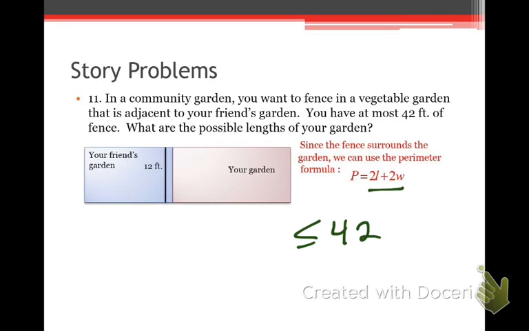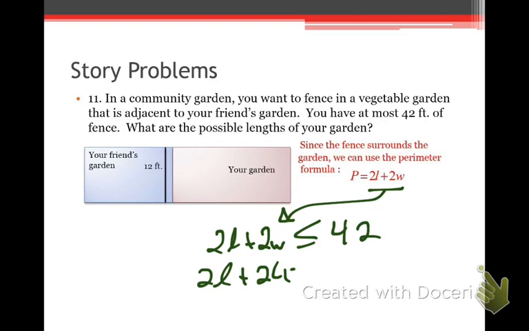And so we'll just take the 2L plus 2W, and that has to be less than or equal to 42. Now the length we don't know. You can leave it as L if you want. The width was 12. Some of you guys are on the right track here. So that's the inequality that you want to go through and solve.